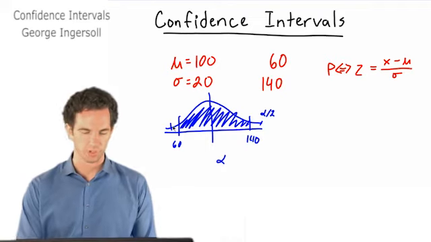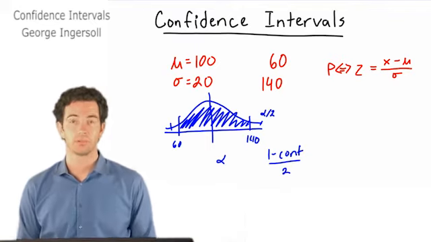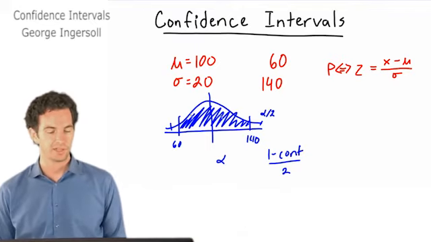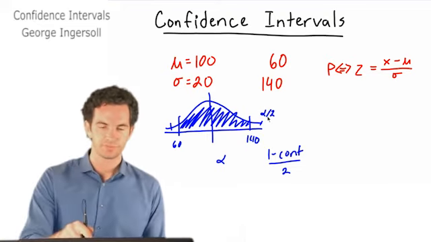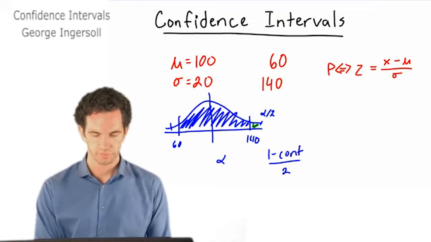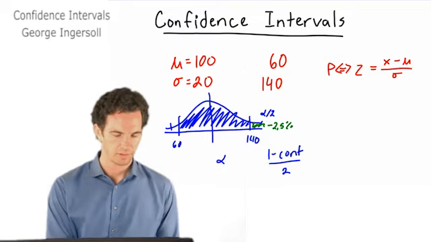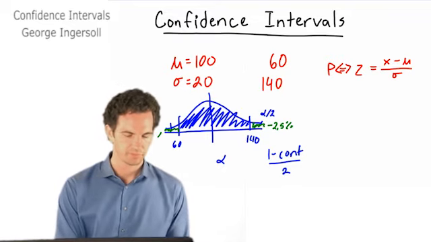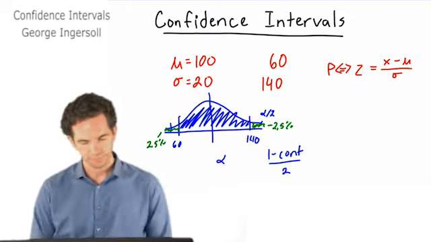It's going to be 1 minus confidence divided by 2, right? Everything outside of 95%, that's 1 minus 95%, that's equal to 5% divided by 2. Over here, this is 2.5%. This is 2.5%. Because the normal distribution is symmetrical.